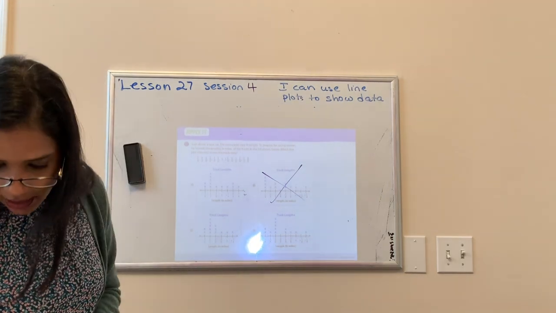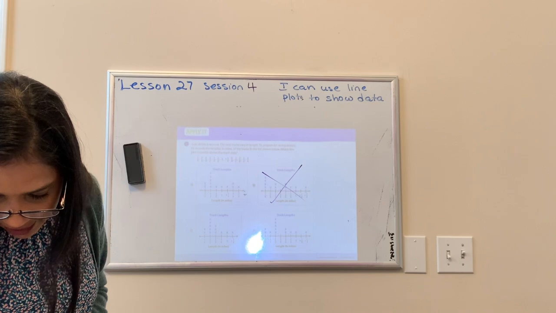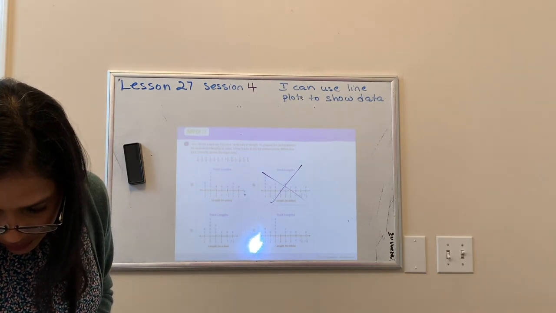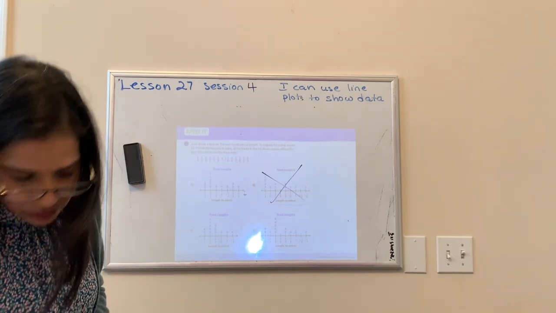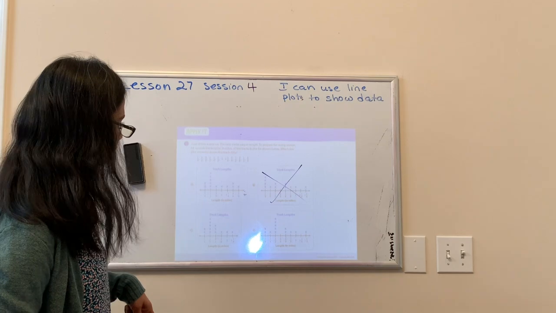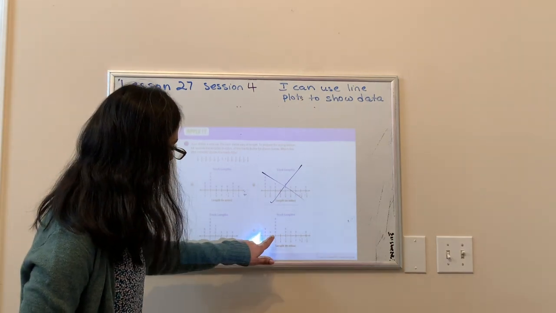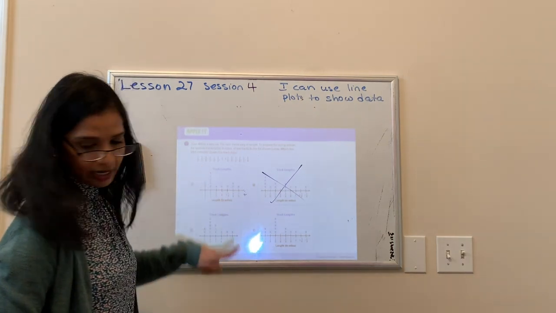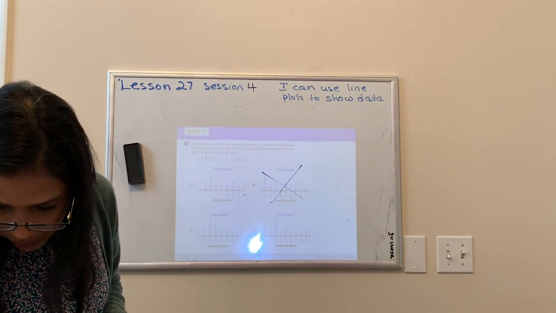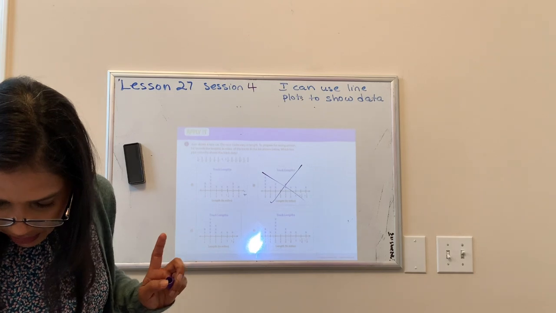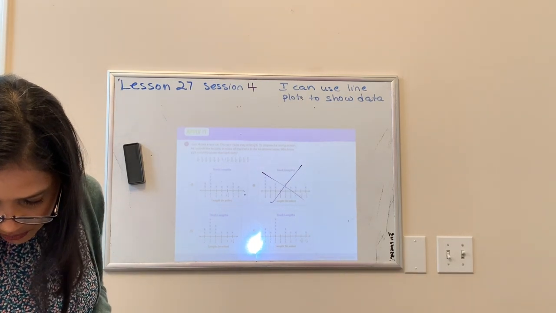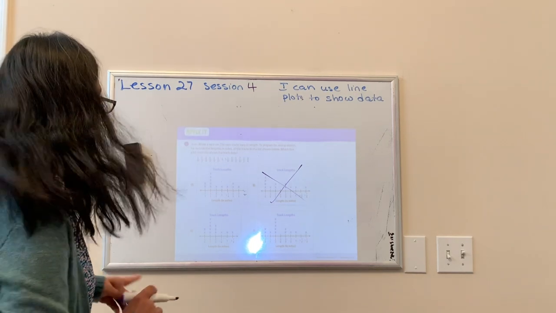All right. How many halves do we have? We have 1, 2, 3, 4 halves. So let's see, which ones do we have 4 halves? And which ones do we have 3/8? Let's see, which ones do we have 3/8 and all of the halves? 2, 3, 4, 5 halves.